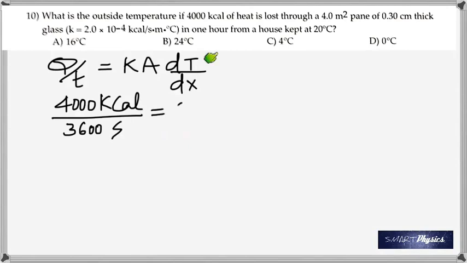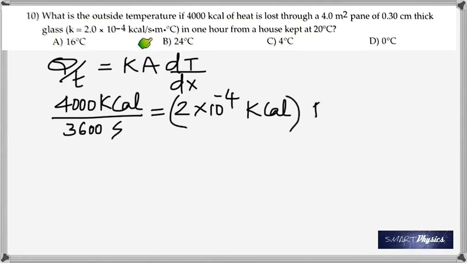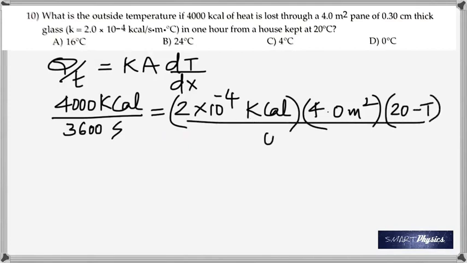And it said in 1 hour. So I put it as 3600, because you see here you have seconds. See? So we got to have it in seconds. Everything else is fine, except that centimeter has to be changed into meters.